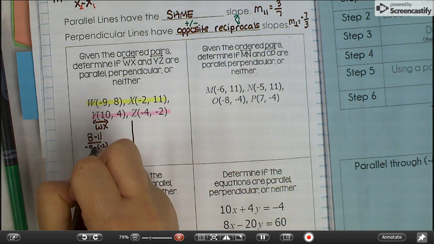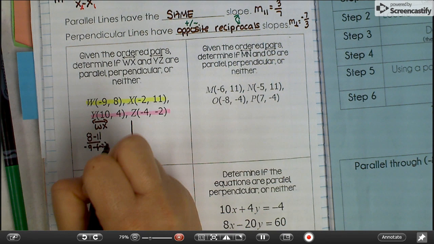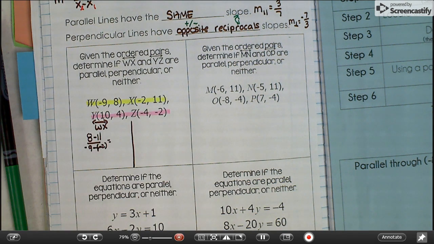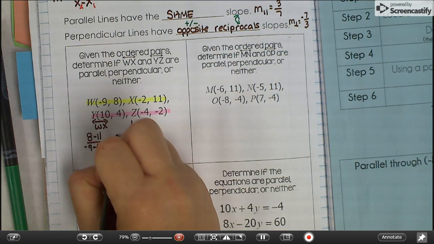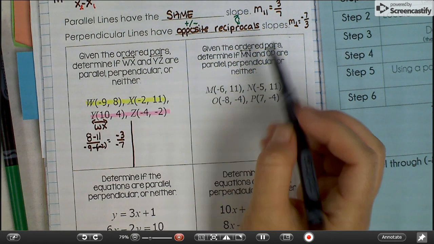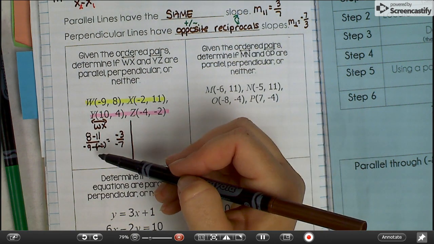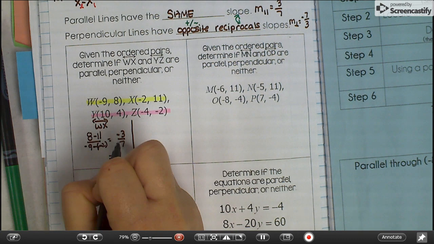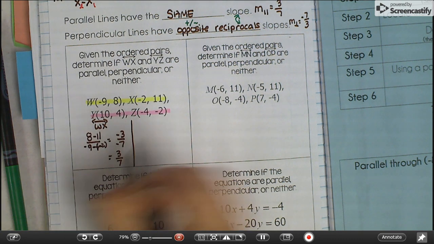Minus a negative is a positive, so I'm going to change that. 8 minus 11 is -3, and -9 plus 2 is -7, which is actually funny because I didn't actually mean to have the same slopes over here. All right, and if there are two negatives, it's going to be 3/7.